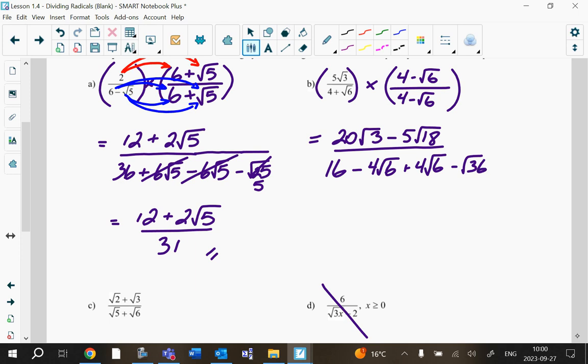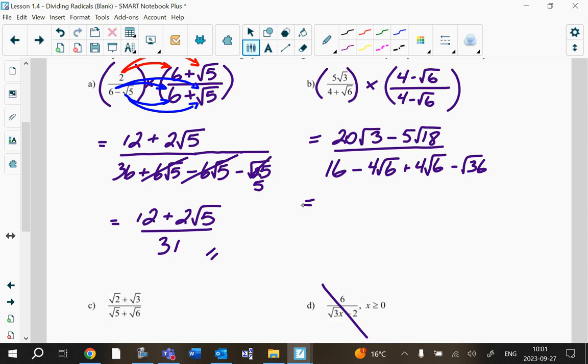Okay, so I got to see what I can do here. Can I do anything up top? Well, first of all, can I combine them? No, because they're not like radicals. They have to have the exact same numbers under the radicals. I'm glad.